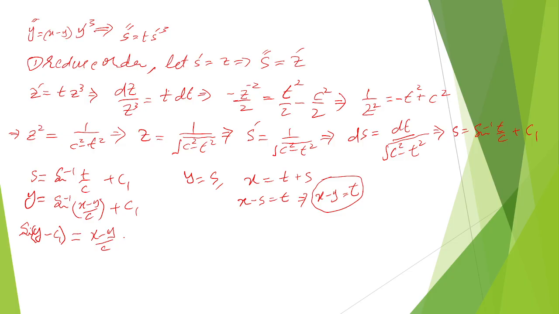Why I'm doing it? For some purpose, and I will tell you later. So x minus y is equal to c sine of y minus c1, and x is equal to y plus c sine of y minus c1.